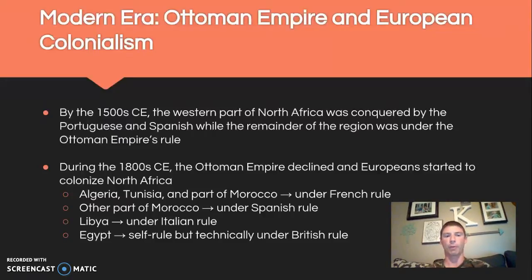Then another part of Morocco was under Spanish rule. Libya was controlled by Italians, and the British controlled Egypt. So you will see a map at some point that shows you Africa, and almost all of it was colonized by Europe. It's pretty interesting as we talk about that and just the long-lasting effects that that's had on Africa.